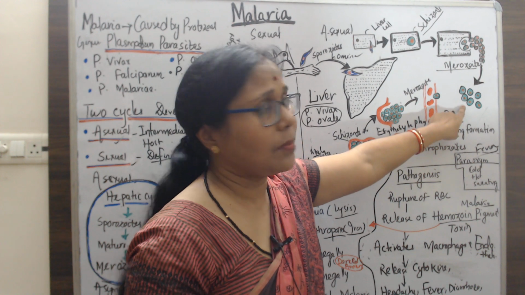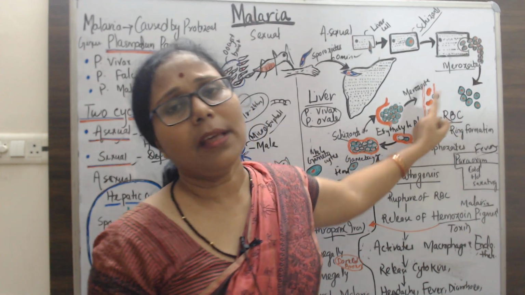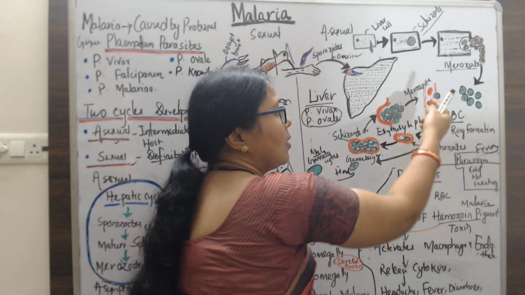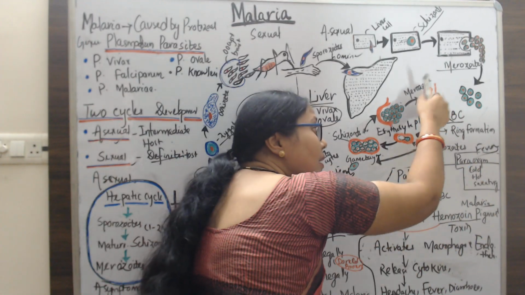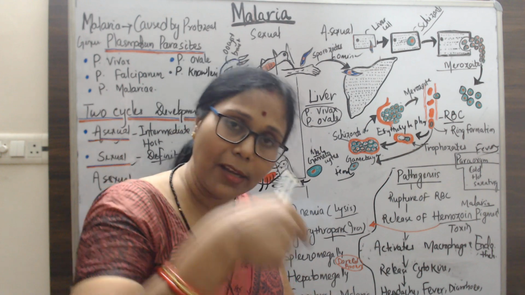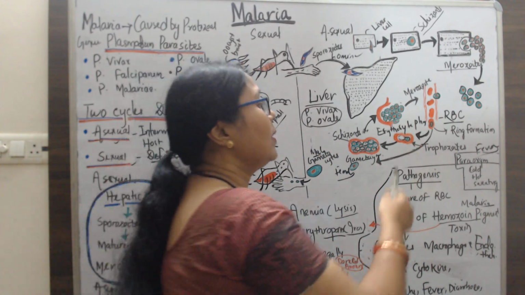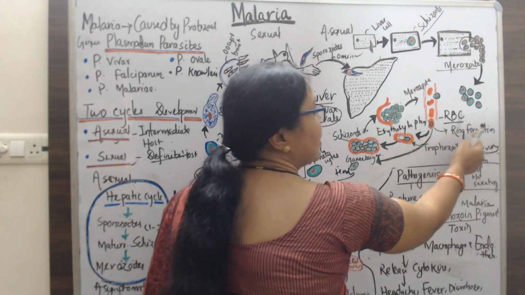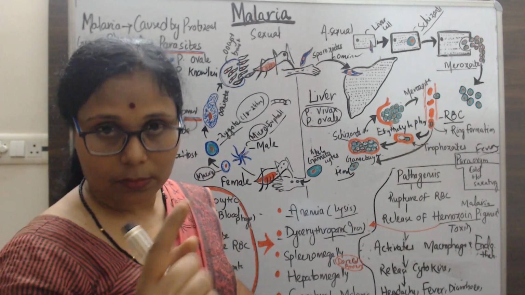When the merozoites are released in the bloodstream, they attach to the RBC. When they come in contact with the RBC, they invade the red blood cell. When they invade the RBC, they form a ring, called the ring formation of the merozoites.